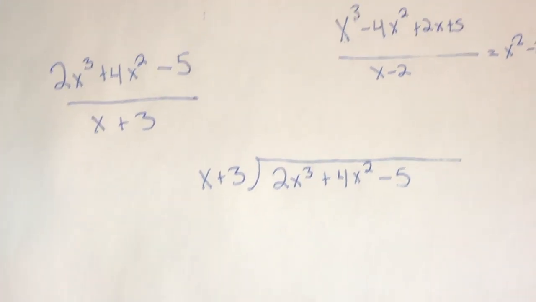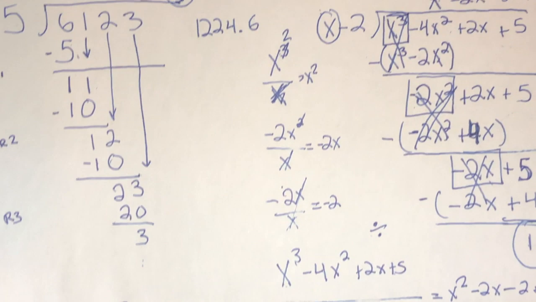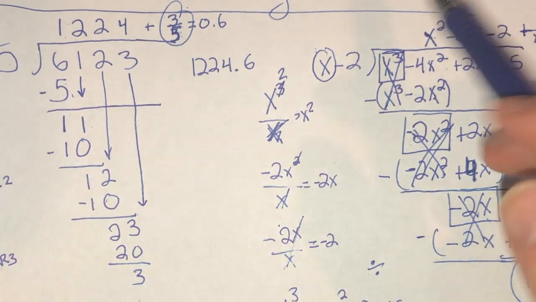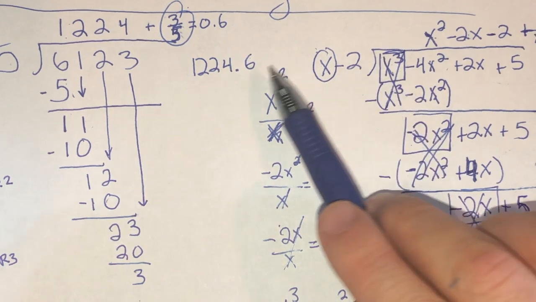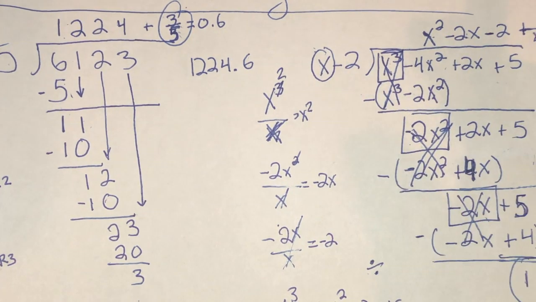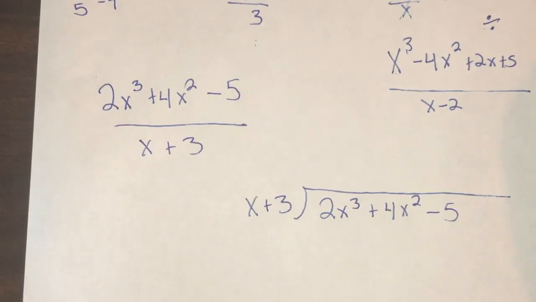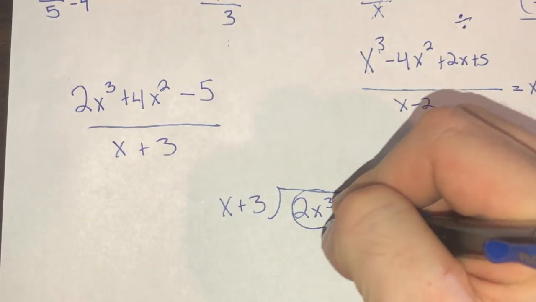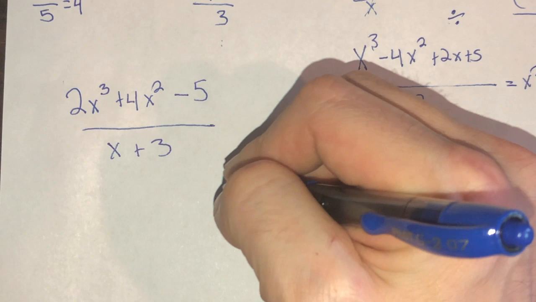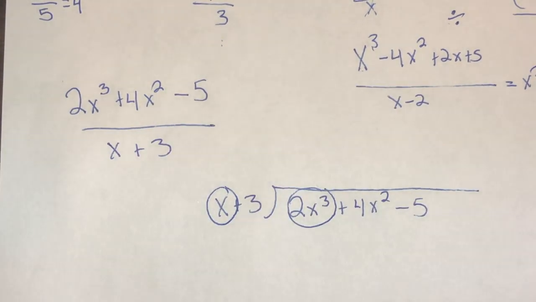All right, so let's go back and take a look. How did I start here? I started with the leading term, or the thing with the biggest power of x, and I divided it by that. So we'll take our leading term and divide them by one another.